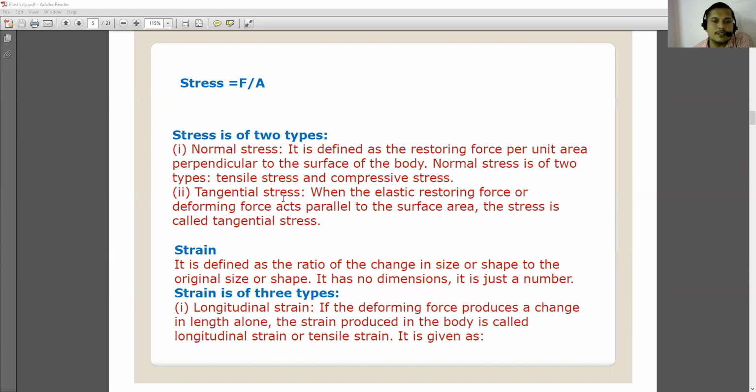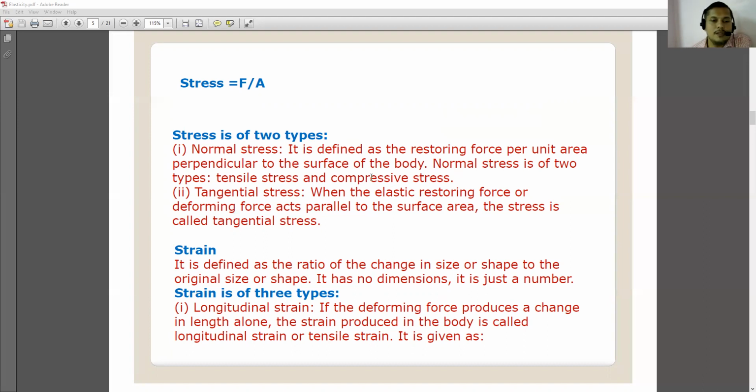Then next is tangential stress, where when the elastic restoring force or deforming force acts parallel to the surface area, the stress is called as tangential stress. तर नॉर्मल स्ट्रेस ज्याच्यामध्ये आपण याला परपेंडिक्युलर अप्लाय करतो टू द सरफेस ऑफ द बॉडी, अँड टँजेन्शियल स्ट्रेस वेअर इलॅस्टिक रिस्टोरिंग फोर्स और डिफॉर्मिंग फोर्स ऍक्ट्स पॅरलल टू द सरफेस एरिया, तेव्हा त्याला आपण काय म्हणतो, टँजेन्शियल स्ट्रेस.